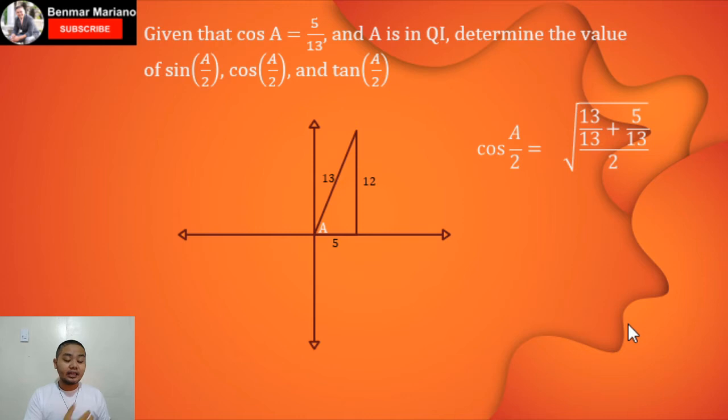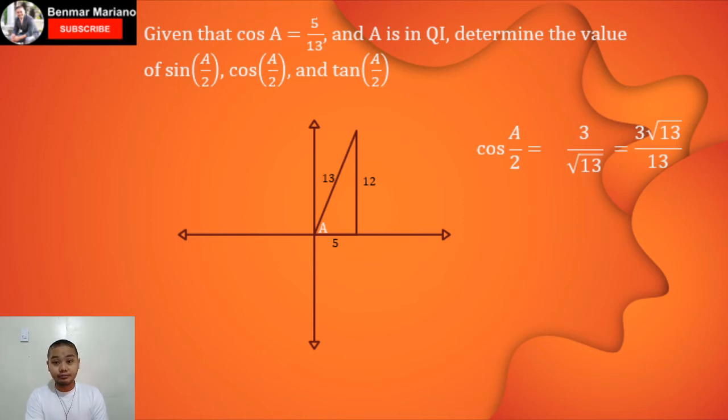Again, since A over 2 is in the first quadrant, our answers for sine A over 2, cosine A over 2, and tangent A over 2 will all be positive, since all the trigonometric functions in quadrant 1 are positive. Simplifying this, cosine A over 2 will be 3 square root of 13 over 13.